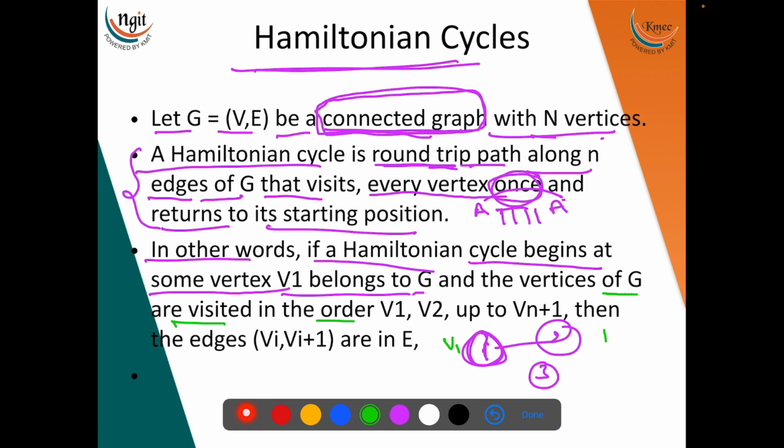I have visited V1, that is 1. Then as I found the path between 1 and 2, the next visiting vertex is 2. That's V1, V2 up to Vn+1. Then the edges (Vi, Vi+1) are in E. So this is a connected graph.